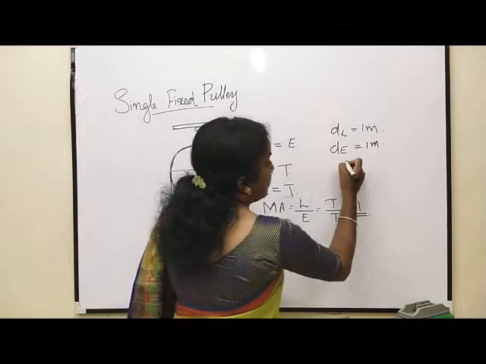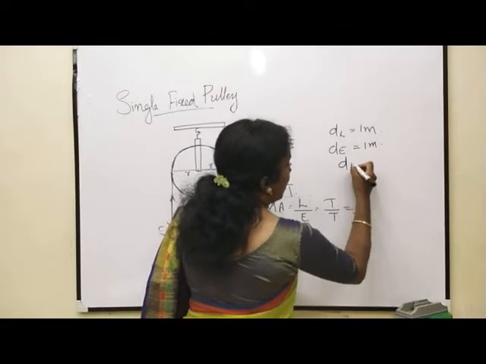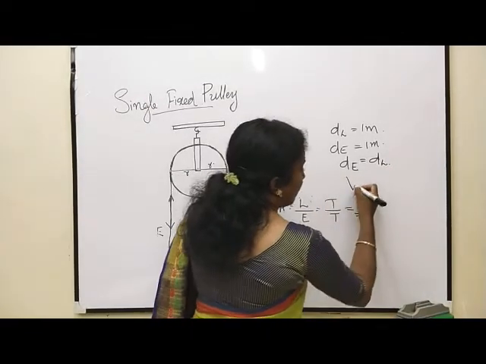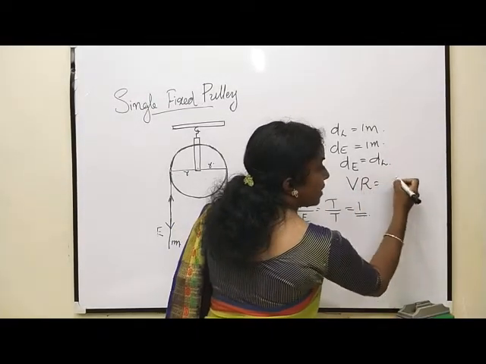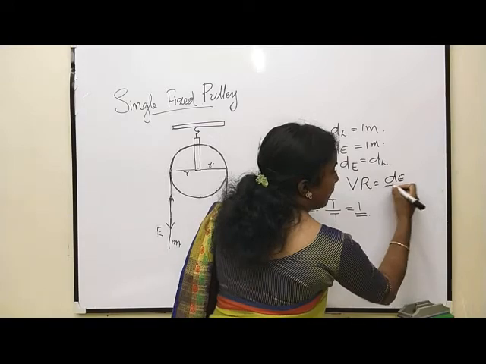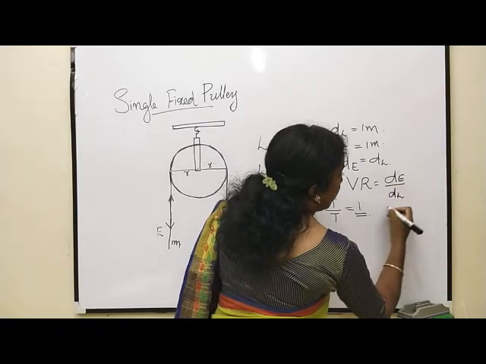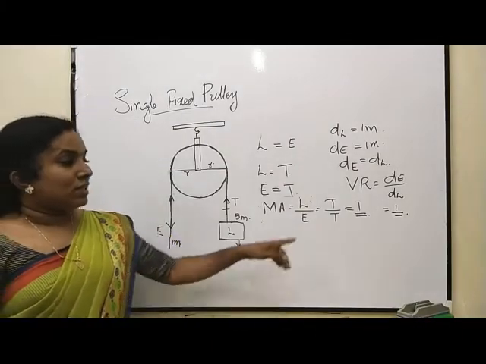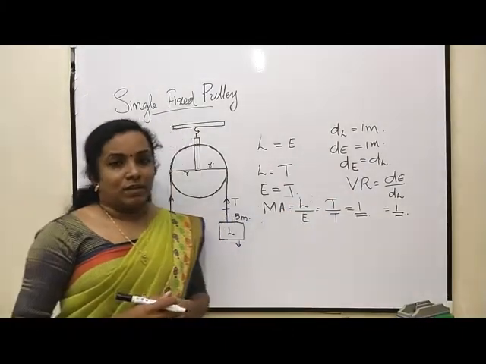Since displacement of effort is equal to displacement of load, we can write velocity ratio. What is velocity ratio? It is displacement of effort by displacement of load, which is equal to 1. So here velocity ratio also equal to 1.